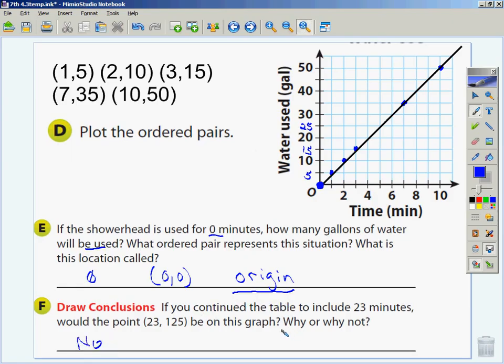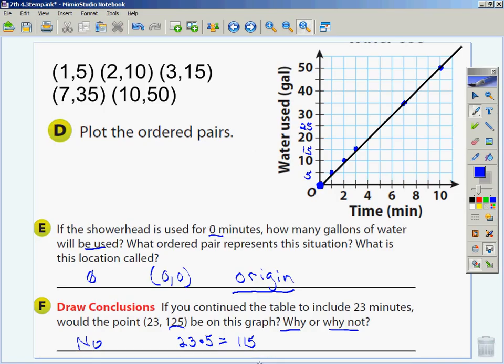Why not? If I took 23 times 5, what is it going to give me? 115. Not 125. That's why that point would not be there.